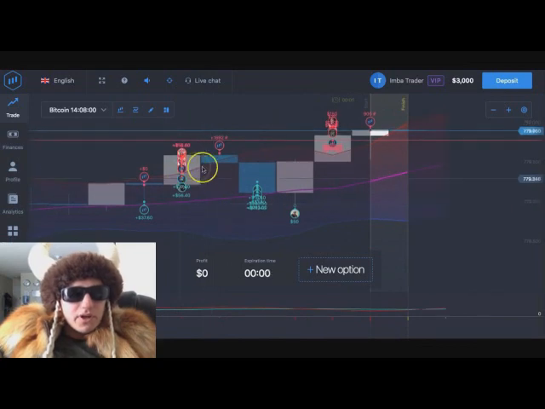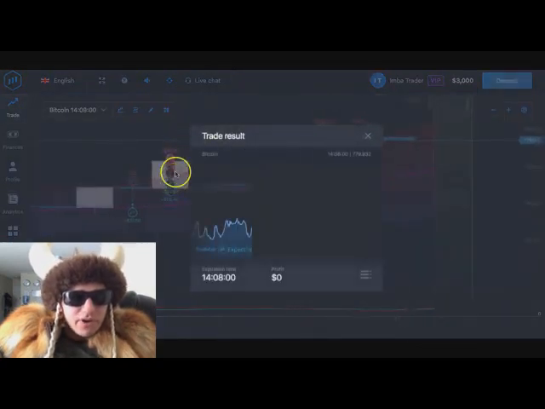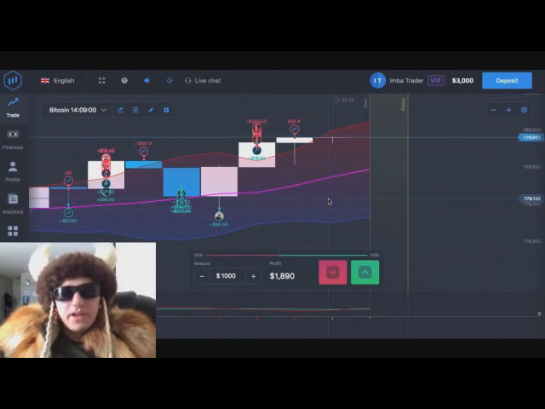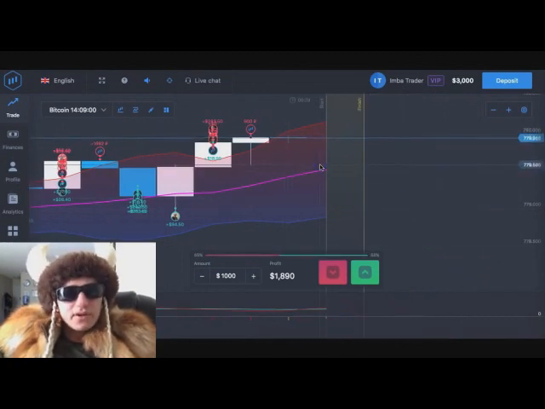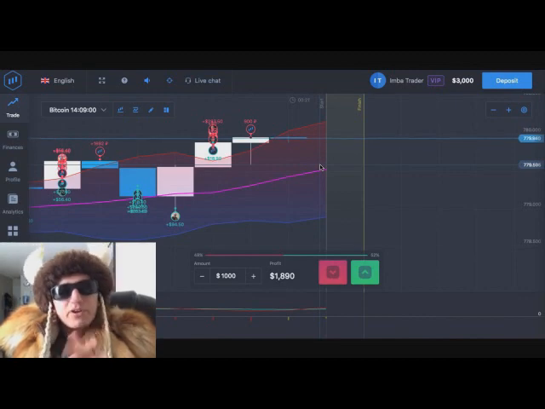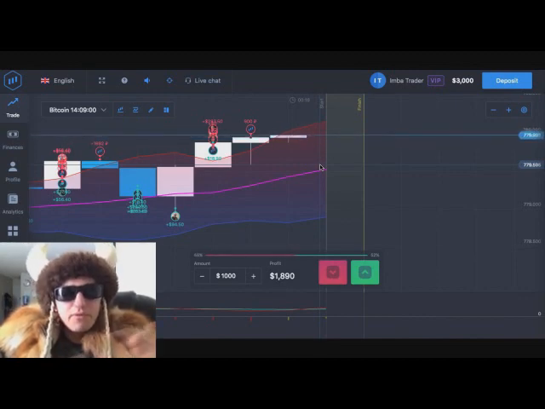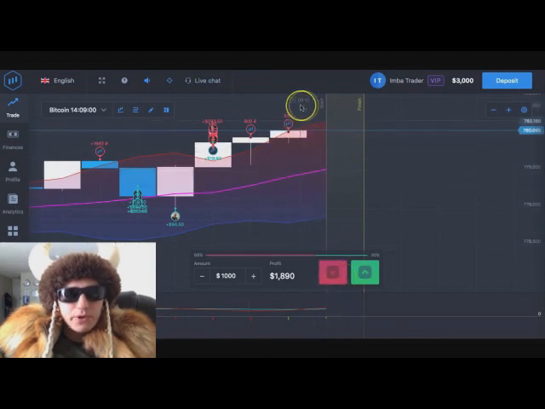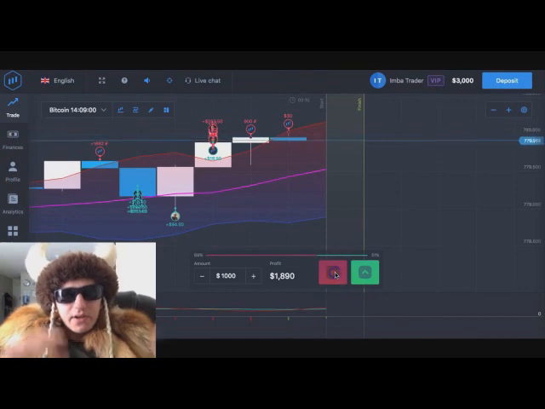So if you take a look at the previous trade, okay, we lost this one. No problem, it happens. You can't always win, you can't predict the movements. So let's see once again. We got 12 seconds.